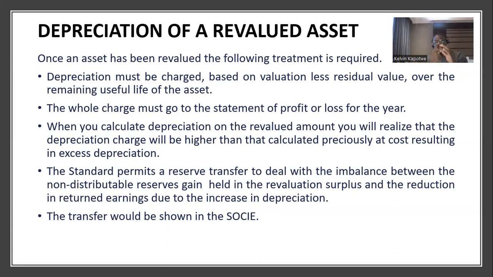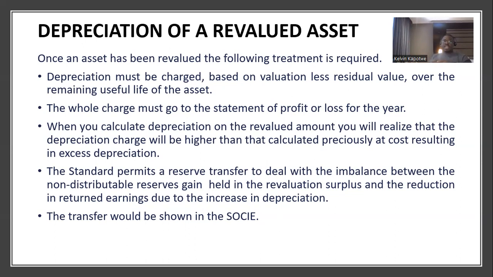So because of the value created in the asset, depreciation has actually gone up. And depreciation actually affects distributable reserves. The distributable reserves we're talking about here is the retained earnings. So when I charge it to the P&L, I'm reducing the retained earnings for the shareholder. So it is actually unfair.